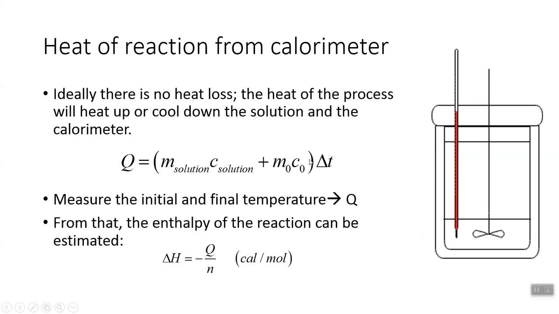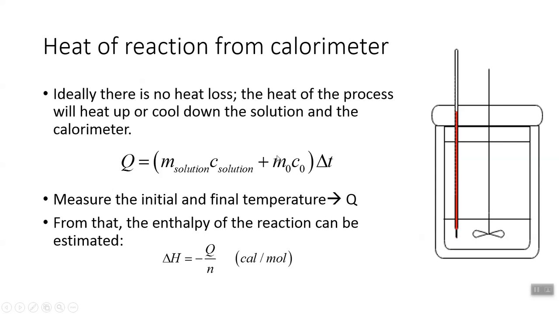Delta T is the difference between the final temperature and the initial temperature. Therefore, if we measure the temperature, we can estimate the value of heat, and the enthalpy of the reaction can be estimated by this equation. Then ΔH equals minus Q over n.